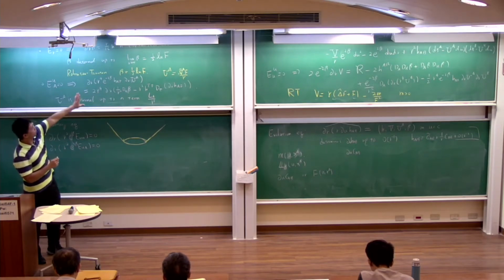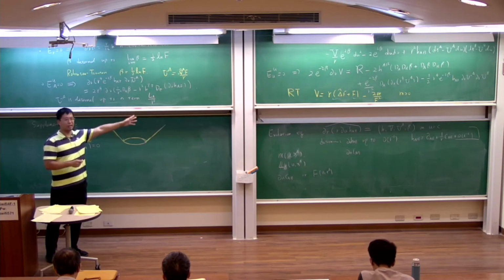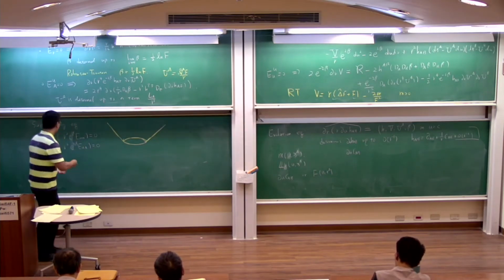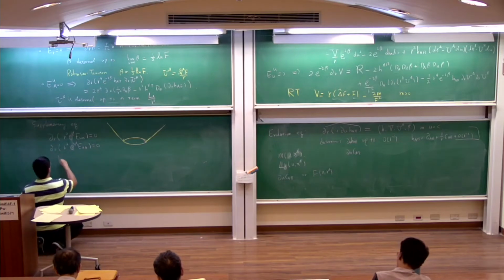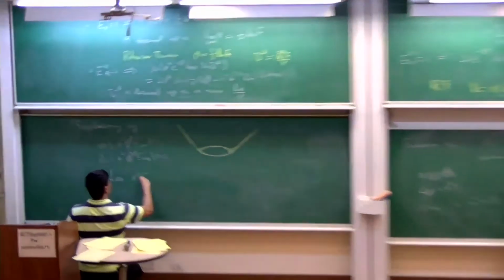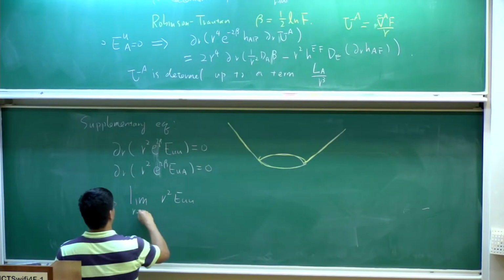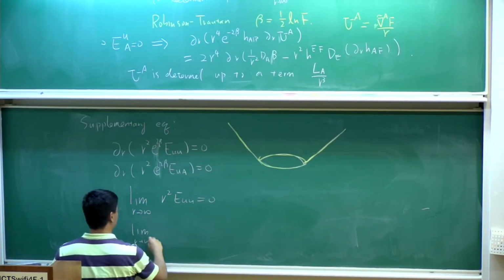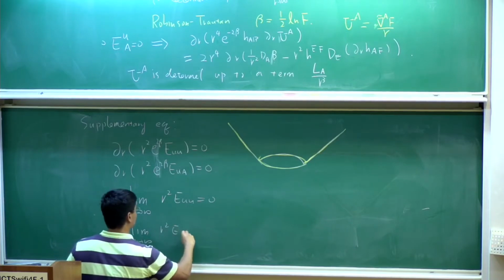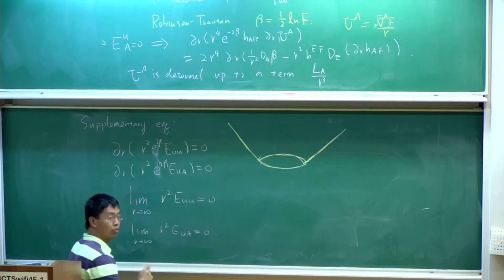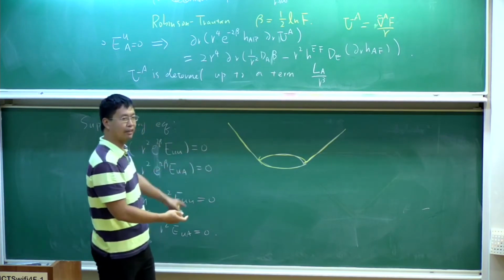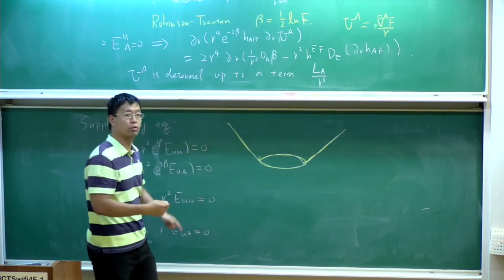And if we're expanding everything in terms of power series in R, then the latter is easier to do than the former. So we will ask that it goes to 0, and it goes to 0. And this combined with the equation will tell you that it vanishes completely, at least on the null cone.